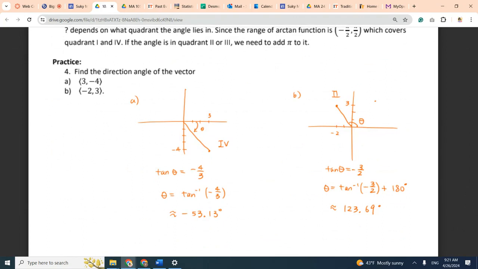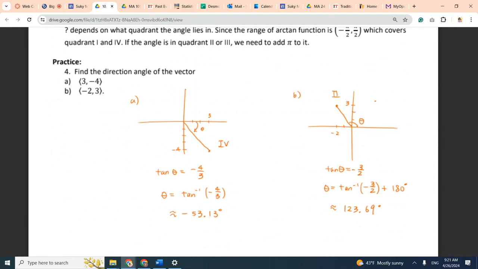Then tangent is opposite over adjacent, so 3 over -2. But because we're in quadrant 2, the theta is not just the arctangent. You have to add 180 to it. Right, everybody? If you only take arctangent, because it's negative, you will get quadrant 4. You need to add pi, so it lies in quadrant 2.